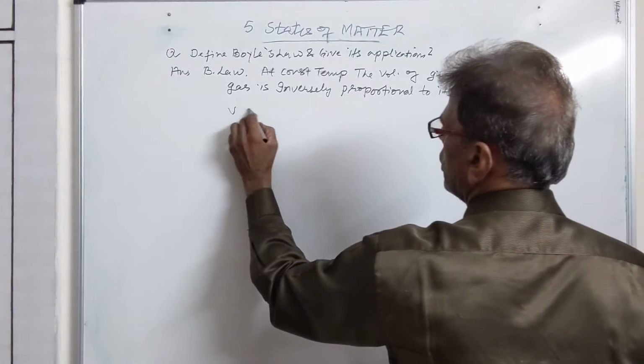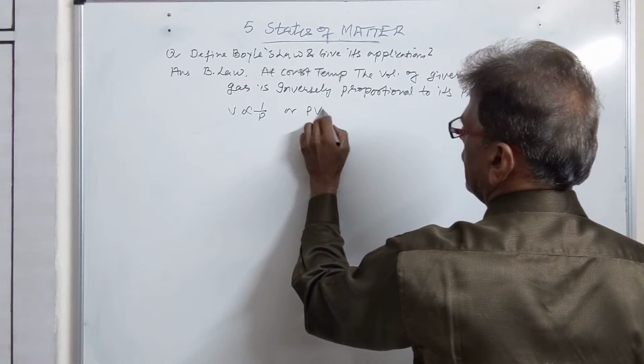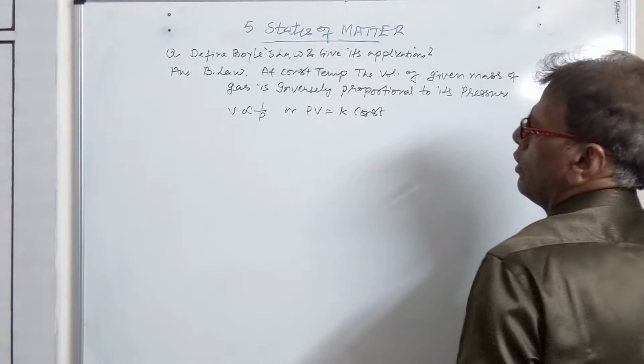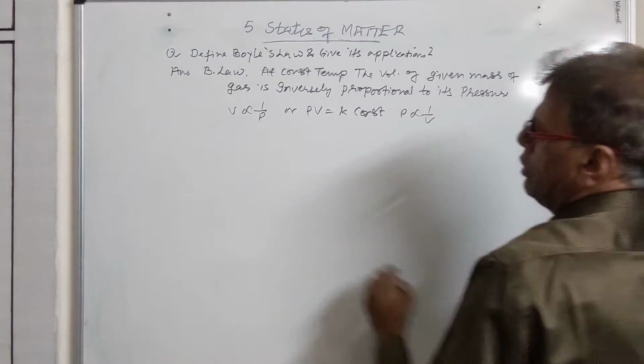So V is inversely proportional to P, or PV is equal to constant K. Or we can also write P is inversely proportional to V.